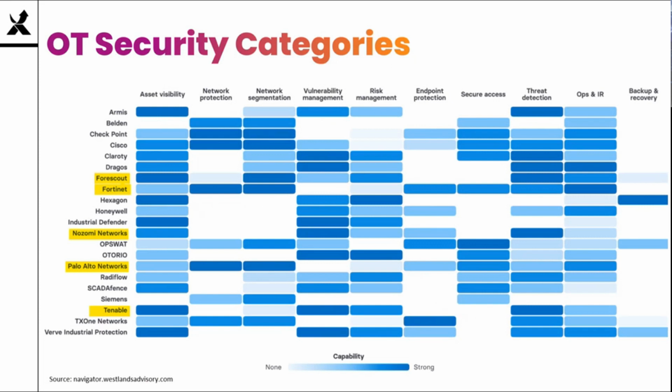And as a last one, backup and recovery. Going into depth on each one of these is not the focus of this webinar, but do know that the vendors highlighted in yellow are part of our Exclusive Networks portfolio.